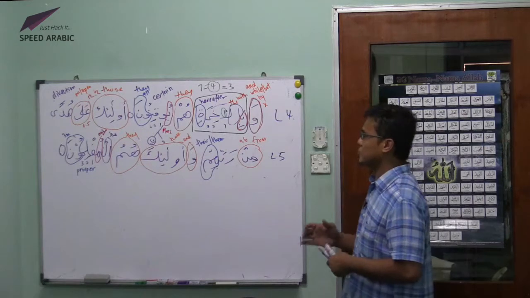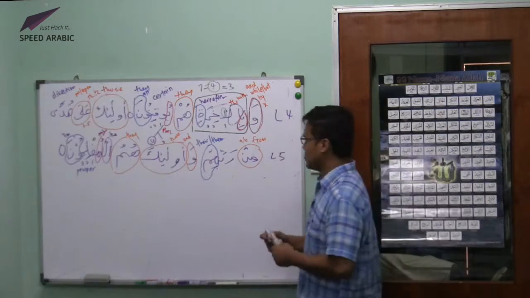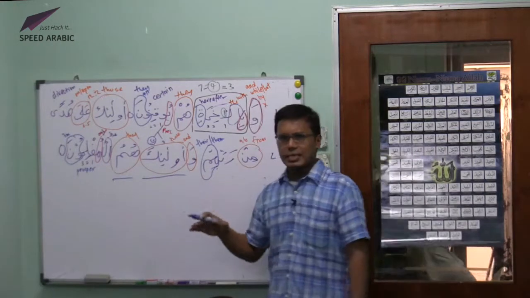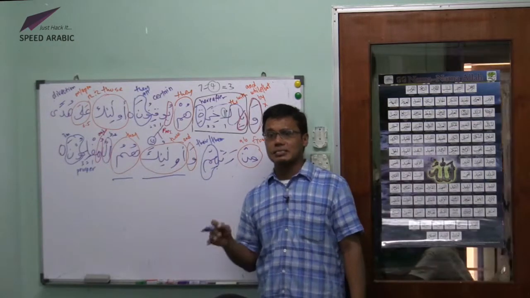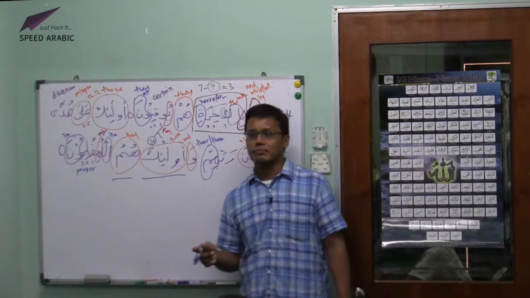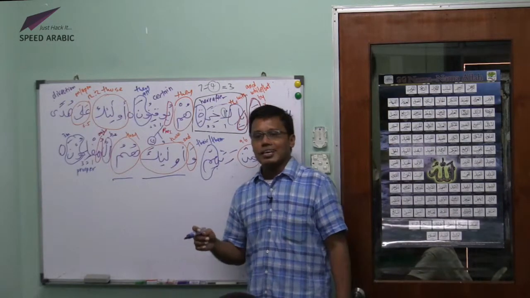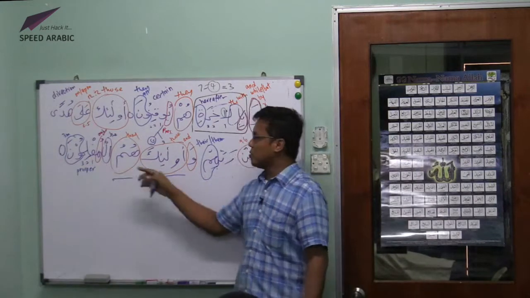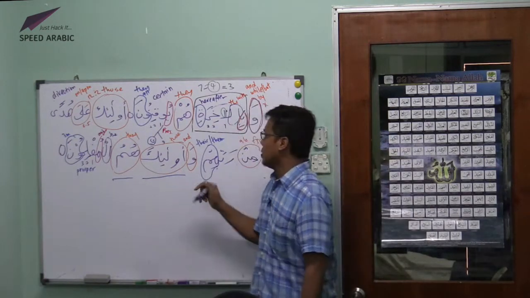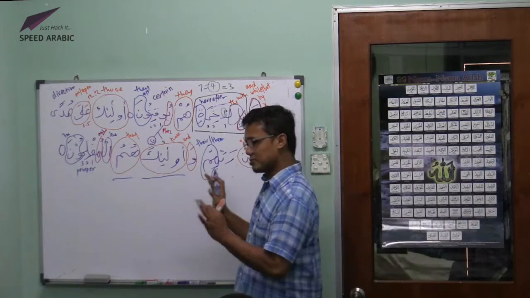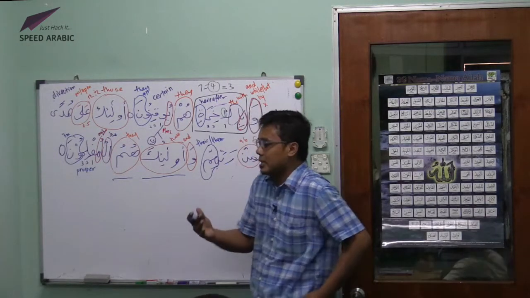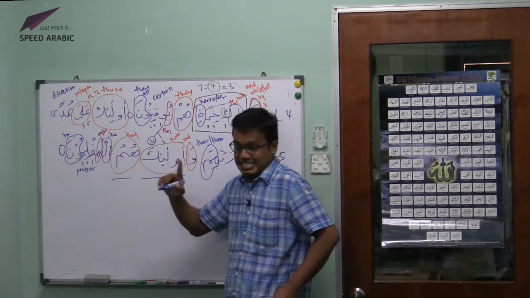One important piece of information for you to know is that when you see ulaika, which means those, and whom means they, there is a similarity, a correspondence. Ulaika is those, whom is they. So when you meet this kind of structure, it is highlighting the emphasis.